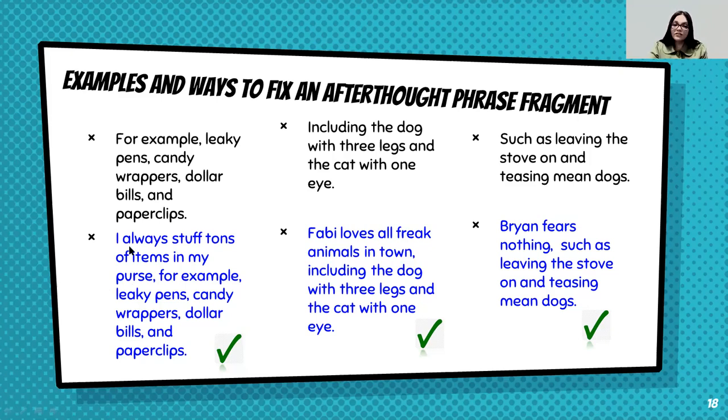I always stuff tons of items in my purse. For example, leaky pens, candy wrappers, dollar bills, and paper clips. Do you see what we did? Can you see the way in which we revised it? Well, you're going to maybe notice that we have attached a main clause, an independent clause.